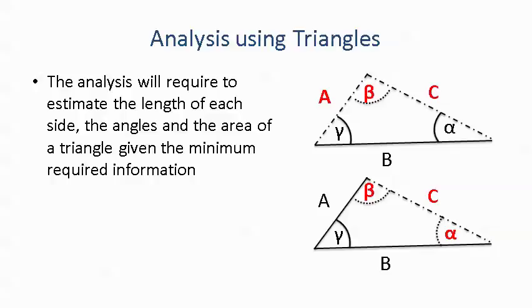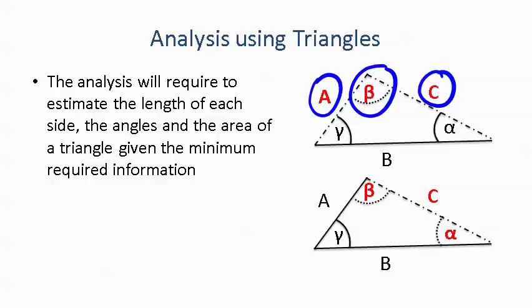So we will have the following scenarios. If we are given a side and the adjacent angles, in this first case, if we're given the side B and angles alpha and gamma, how do we find sides A and C and angle beta?